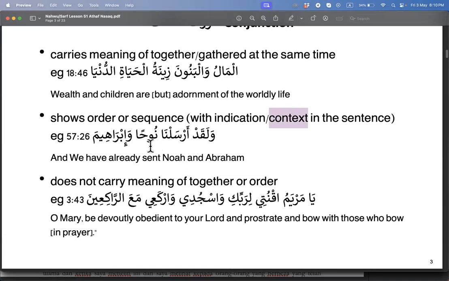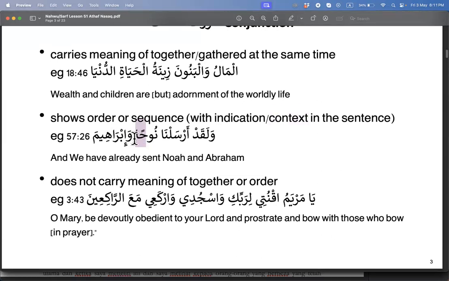Yes, so Nuhan will be the maf'ulun bihi, and wa Ibrahim will be ma'tuf ala Nuhan. Yes, very good. Here obviously the context is the Quran, so the context is other ayat of the Quran. Also, hadith is basically also the context. We know that Nuh comes before Ibrahim. So here it shows order, it shows sequence.